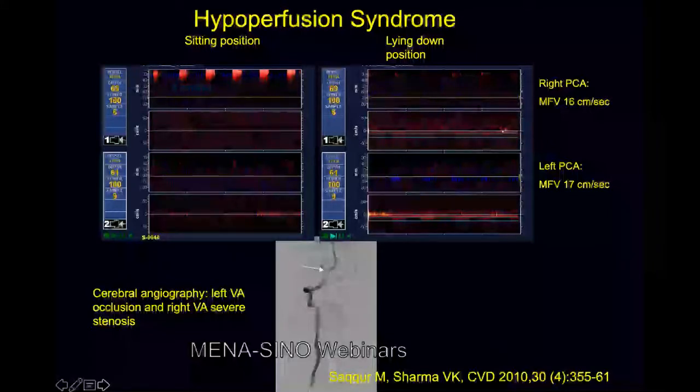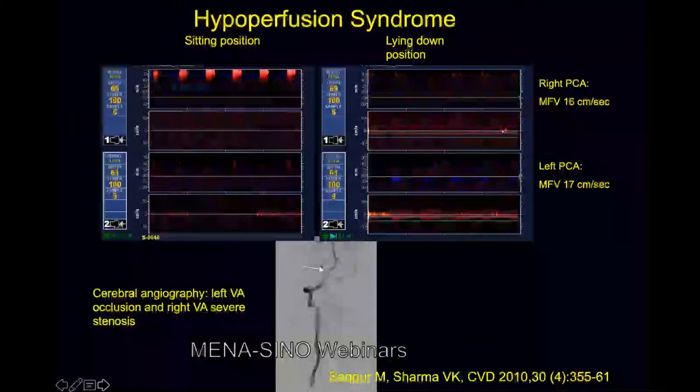And really, the management will be different between playing with the blood pressures, hydration, and orthostatic drop in the blood pressures, versus embolic, enhanced antiplatelet, and all these things. That will help our interventional guys to intervene or not.